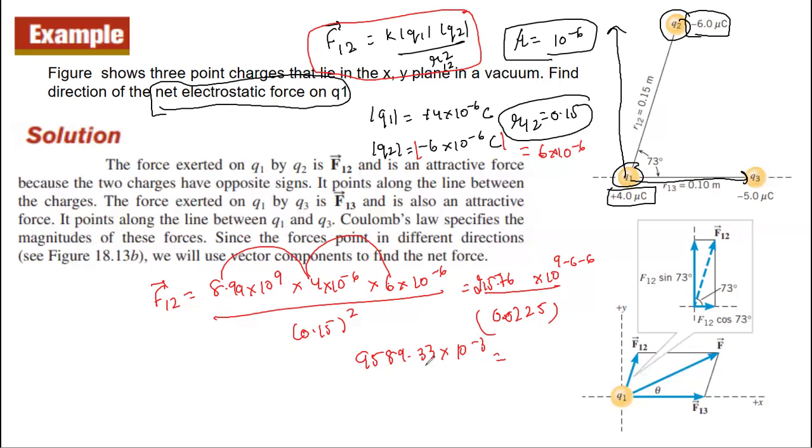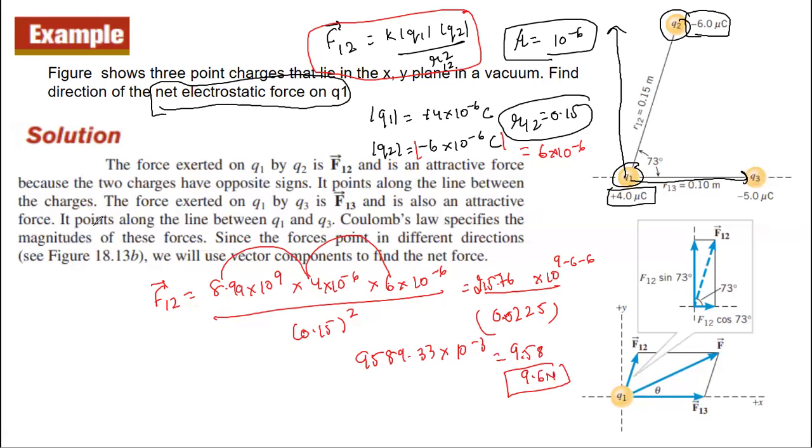If it is plus, then the decimal will move in this direction. If negative, it moves in the opposite direction, that is left. So 9.58. Okay, so I will round it in the end. Let's say it is 9.6 newtons. So yeah, we got, let's say, the magnitude in this case.